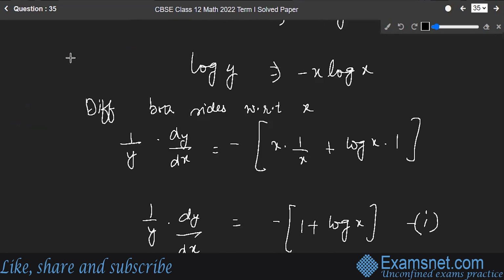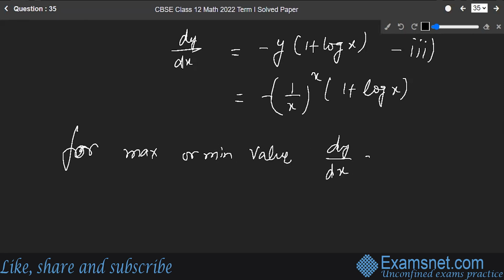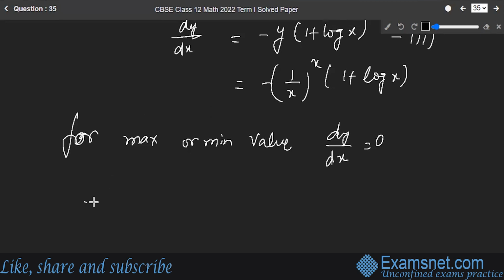For the maximum and the minimum values, the first derivative should be equal to 0. For max or minimum values, dy by dx should be put equal to 0. That means (1/x)^x into 1 plus log x should be equal to 0.